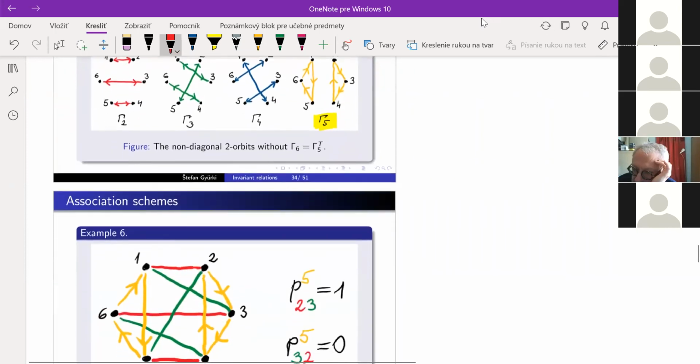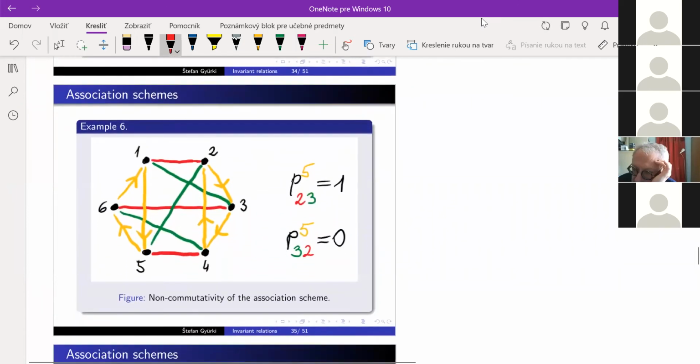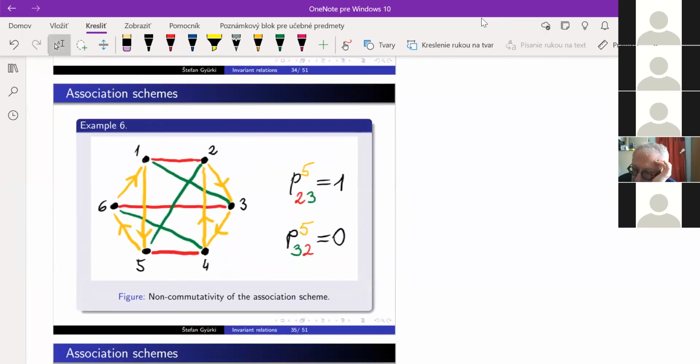and for example, we can check that also it is not commutative.